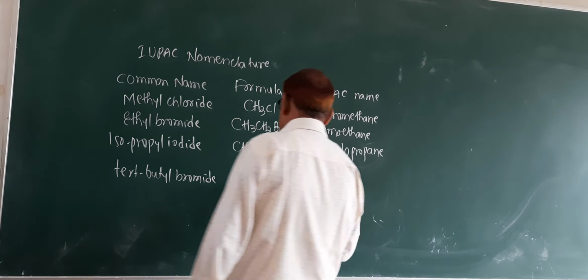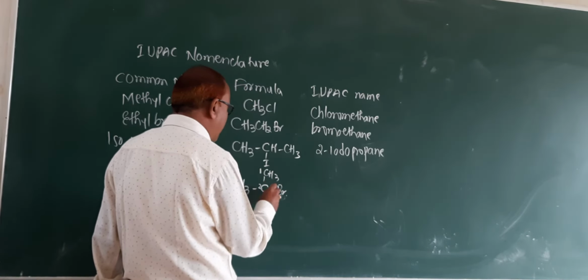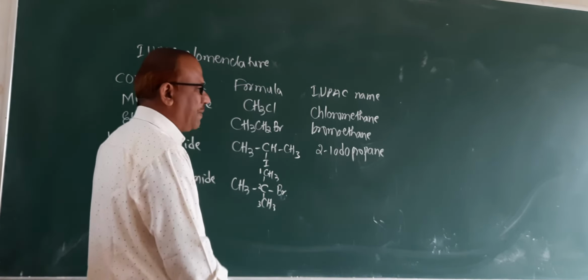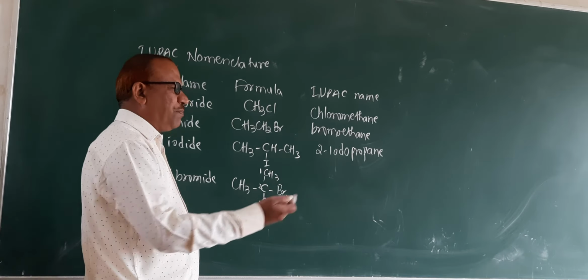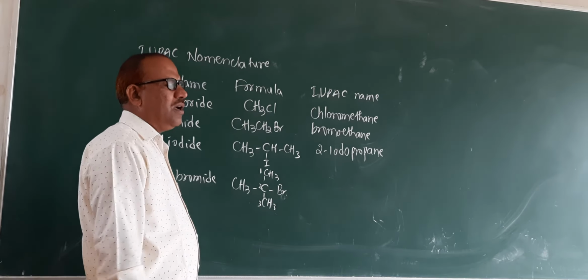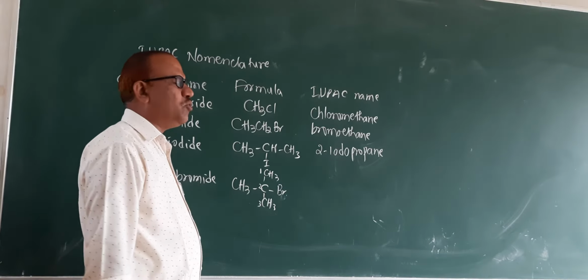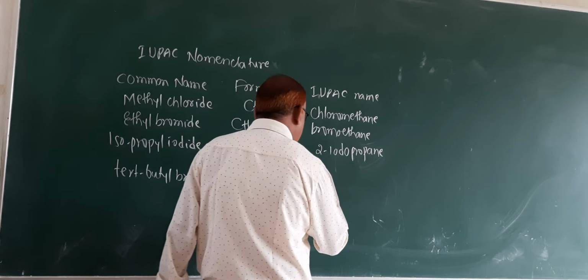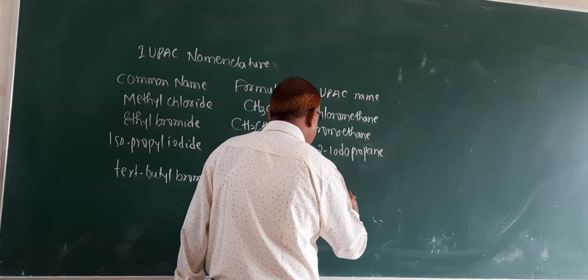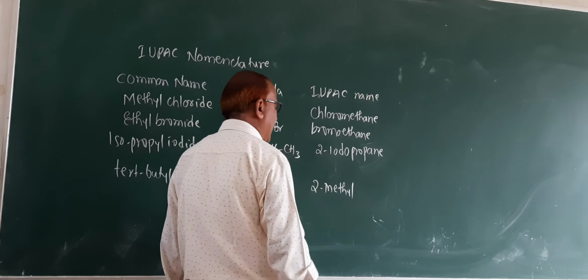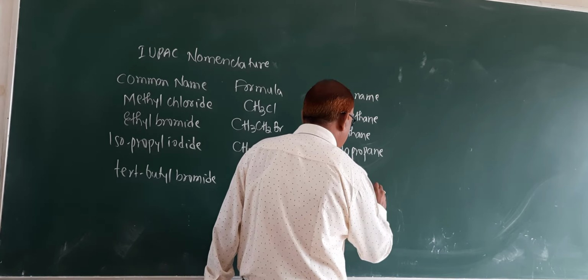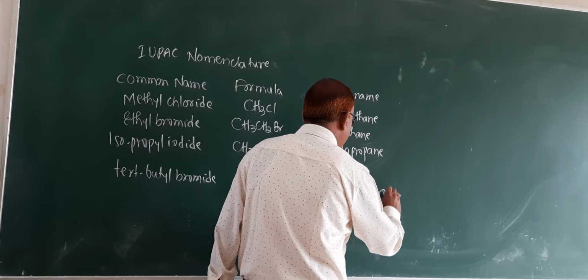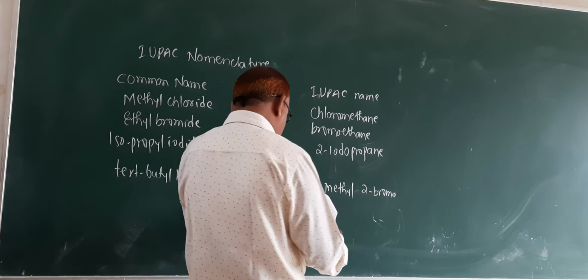The longest possible continuous chain of carbon is chosen, and that is considered the parent chain. You must indicate to which carbon of that parent chain the substituent groups are attached. At carbon number 2 there is an extra group, a methyl group, 2-methyl. At the same carbon there is a bromine atom.